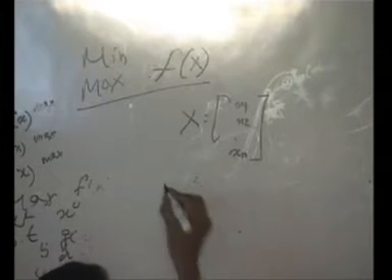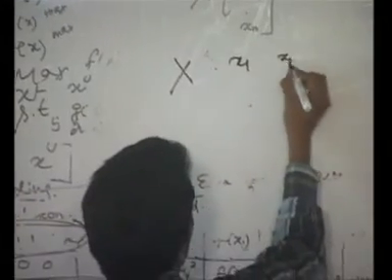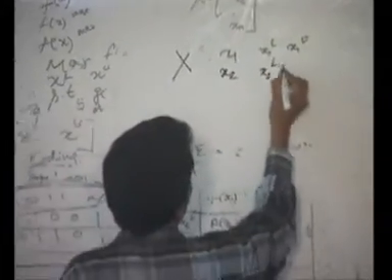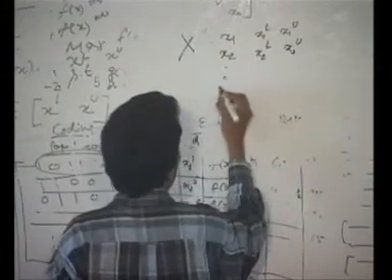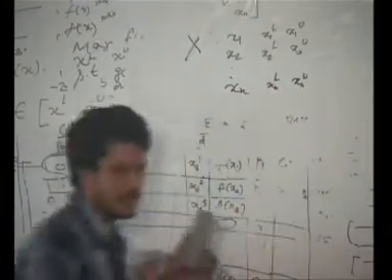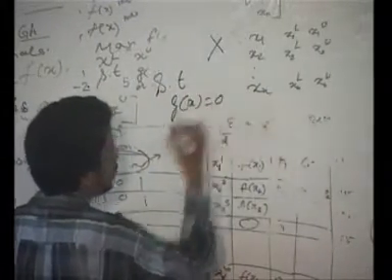Every x has a range: x1 has an x1 lower limit and x1 upper limit, similarly x2 lower limit and x2 upper limit, likewise xn lower limit and xn upper limit. Subject to g(x) equal to 0. Many constraints are there. Clear?